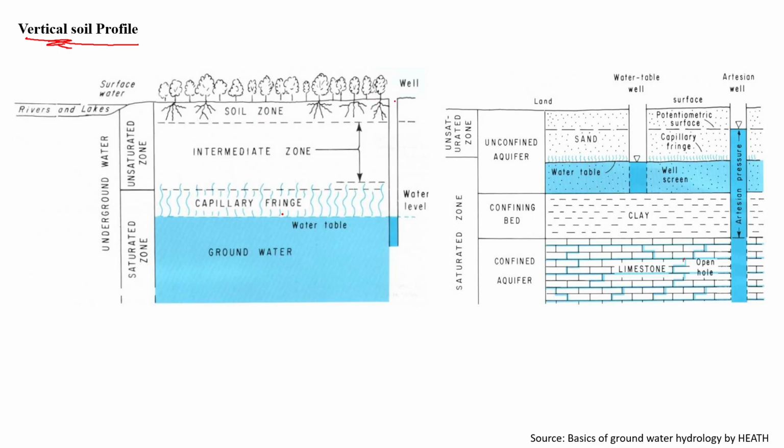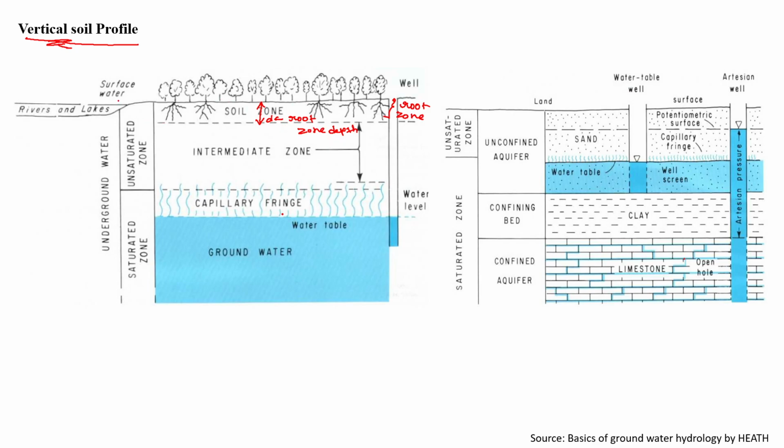This particular zone is called the root zone, and this depth we call the root zone depth. This root zone depth is very useful in the irrigation subject, where we calculate irrigation efficiency and other things. There we deal with only the root zone depth.